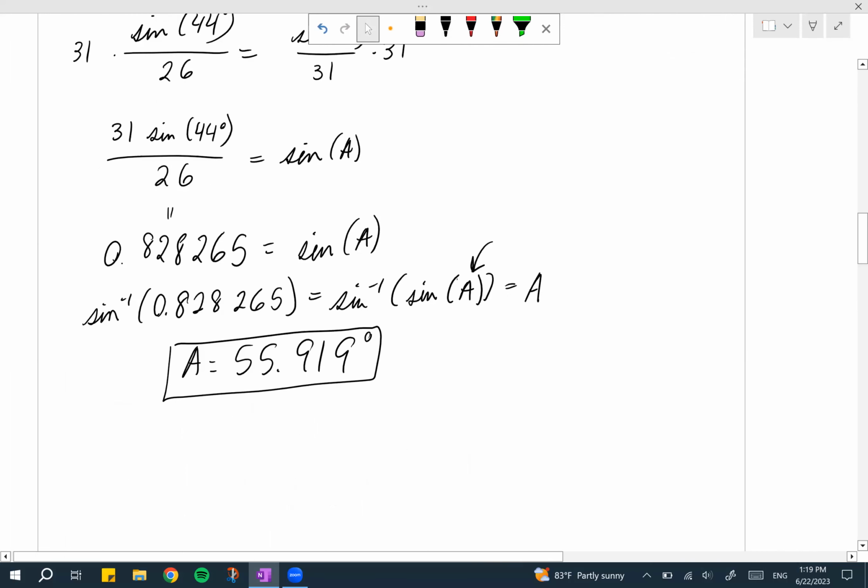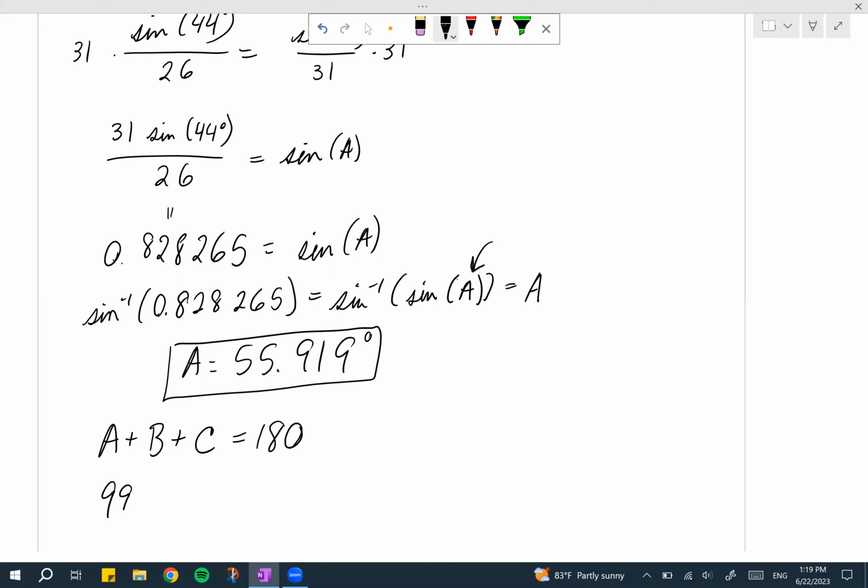Now that I know my big A, I can find my big C pretty easily because I know all the angles of a triangle add up to 180. So I know big A plus big B plus big C equals 180. I just found what big A was. I know big B is 44. So big A plus big B is 99.919 plus C is equal to 180.